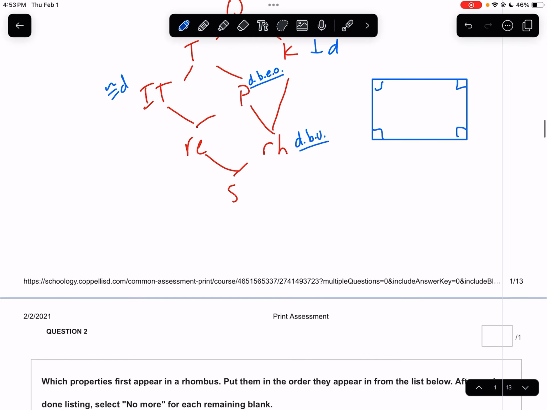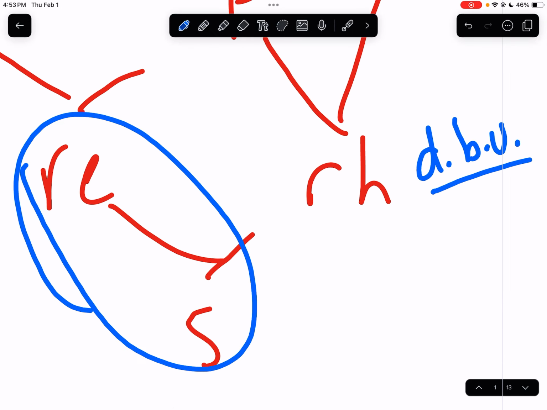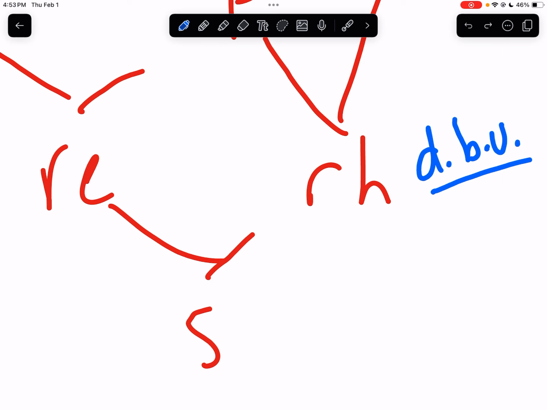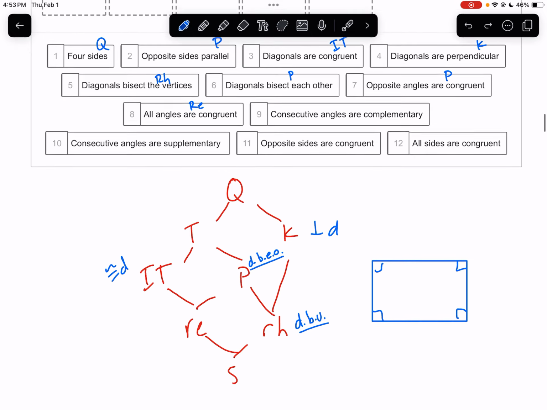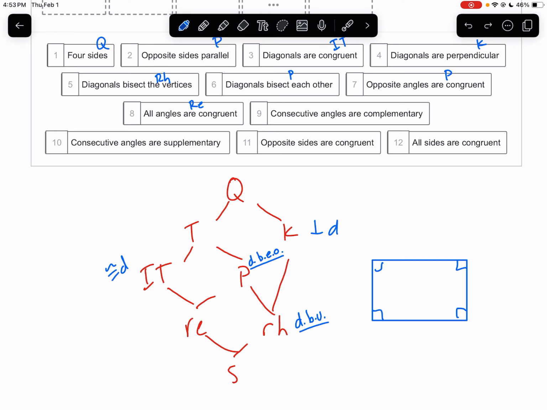If I call it a rectangle, there's two things classified as rectangles and squares. So calling it a rectangle means it might be a square. Yes, you're right. A square also has that property, but a rectangle is the first time we see that property. So if that's all you know, then it might be this and not be a square.